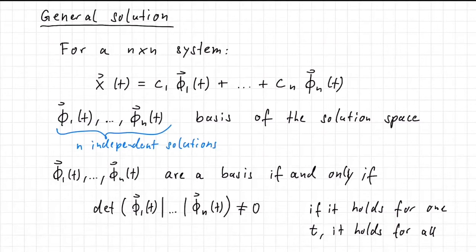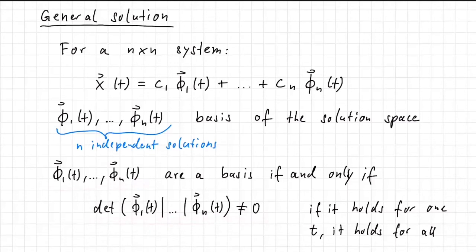What one can furthermore show is that these phi 1 of t to phi n of t are a basis if and only if the determinant of the matrix that I get by combining all those column vectors together into a matrix is not equal to 0.